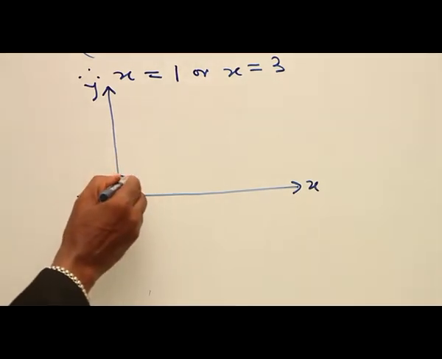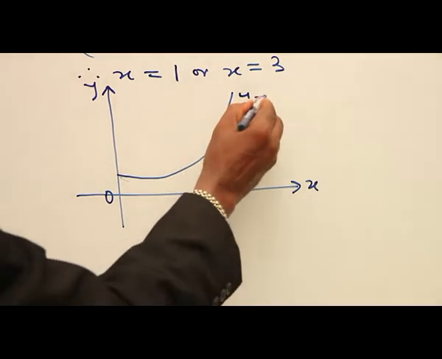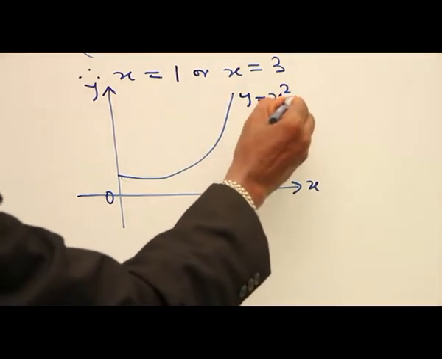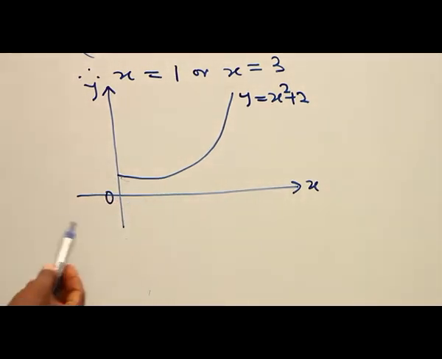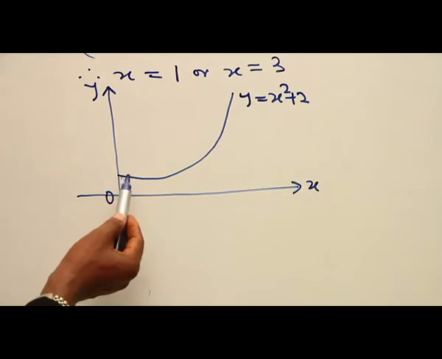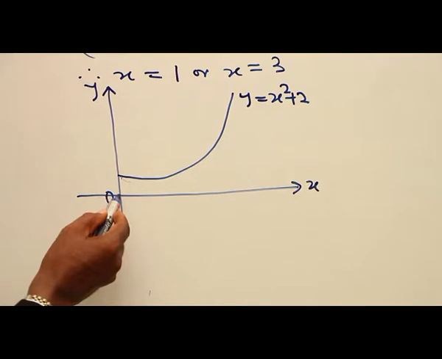This is your y equal to x squared plus 2. What I actually did to start from here was to make the value of x equal to 0. That will definitely give me the value of y to be equal to 2. So I'm not starting my curve from the origin here.